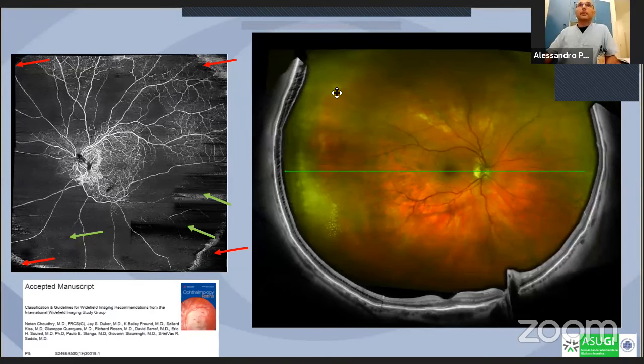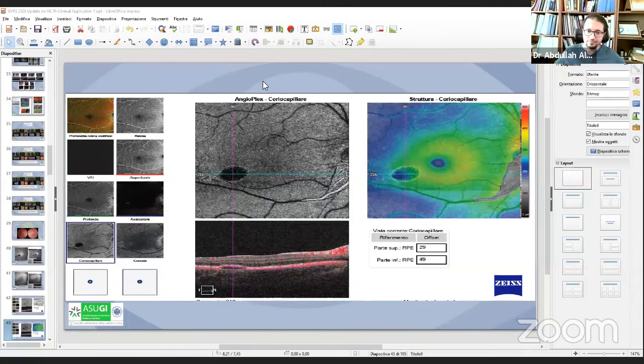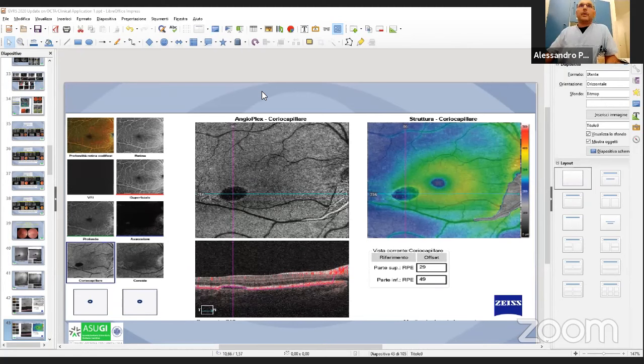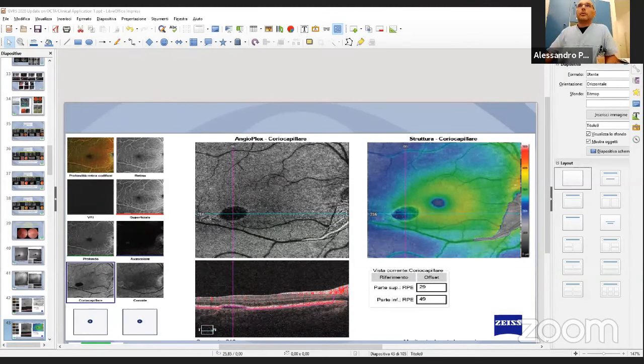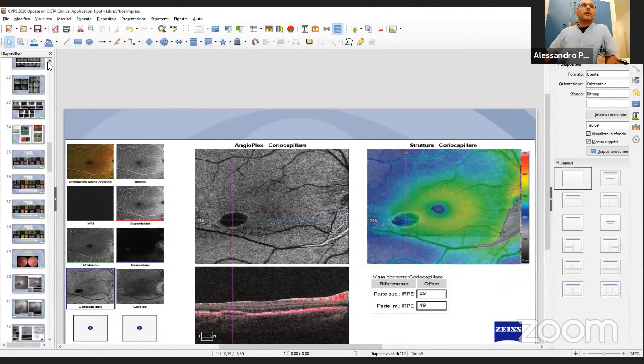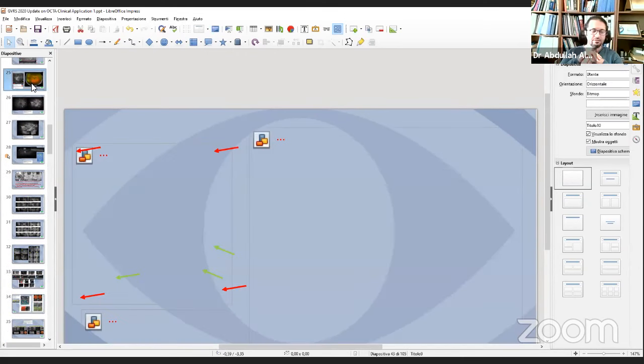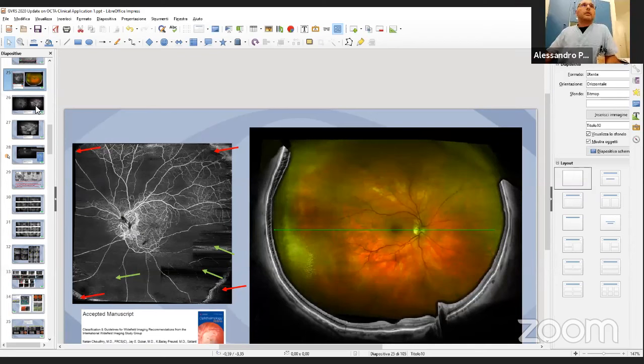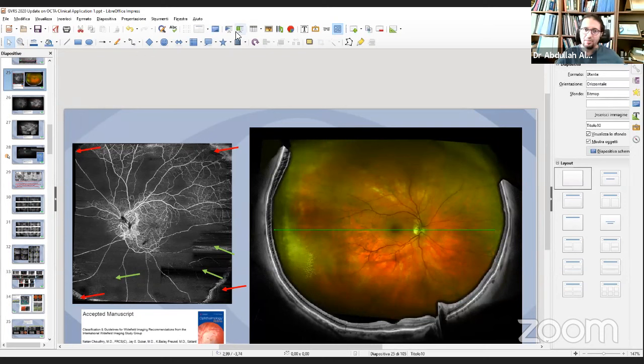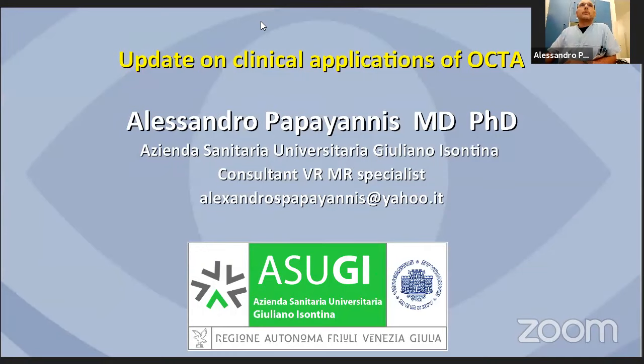One second. Maybe you should stop sharing and reshare again. Great. I think we need to go a little bit before. Yes, slide 25. It was this slide. Since this slide we stopped the sharing. If it doesn't move, you can keep it on this setting if you like. I will show you quickly. Oh my God, sorry.